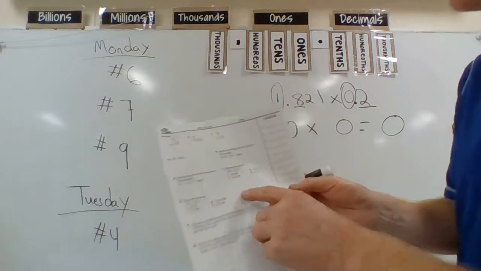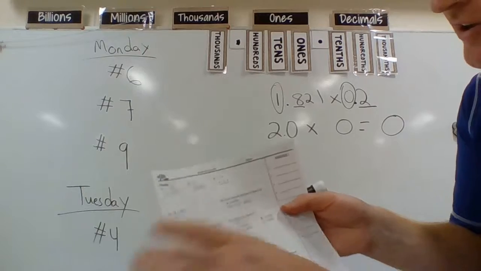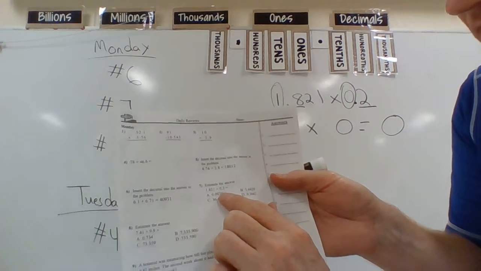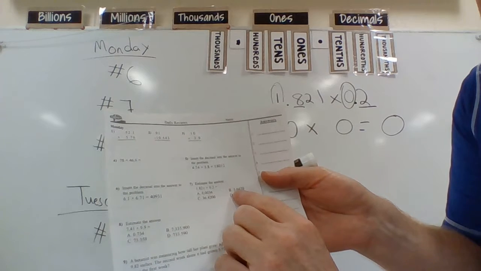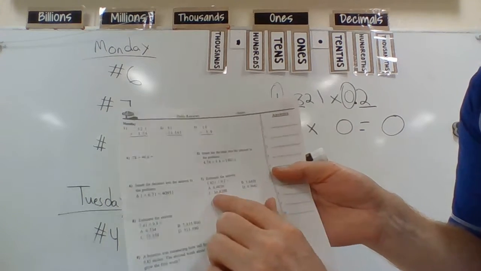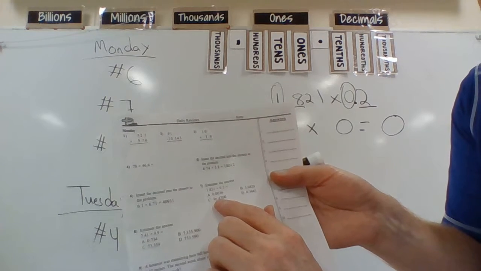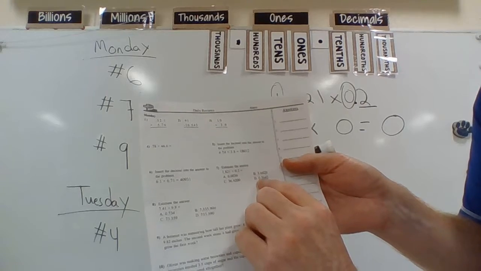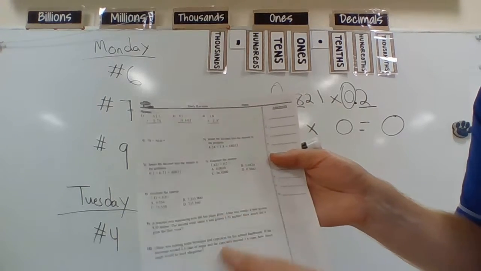You have 4 options for your answers. We're not going to write them all down. You have 0.0036, or 3.6420, or 36.4200, or 0.3642.